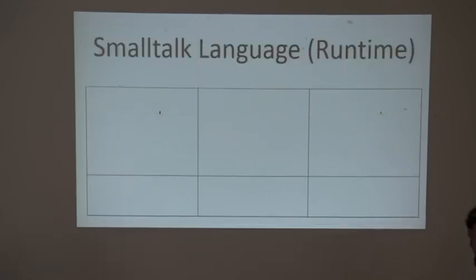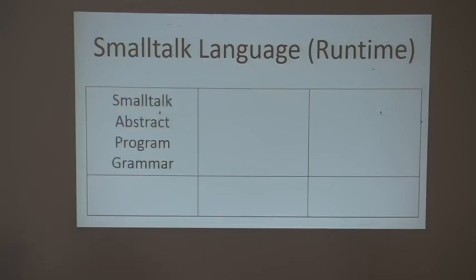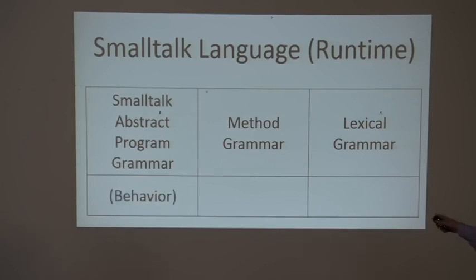The first part, the Smalltalk language, which is the most diffuse one, has to be broken down into three subcategories. One is the Smalltalk abstract program grammar, the second is the method grammar, and the third is the lexical grammar. In other words, this is the behavior and classes and other stuff, some parser that can parse the methods, and some scanner that can turn text into some kind of objects.